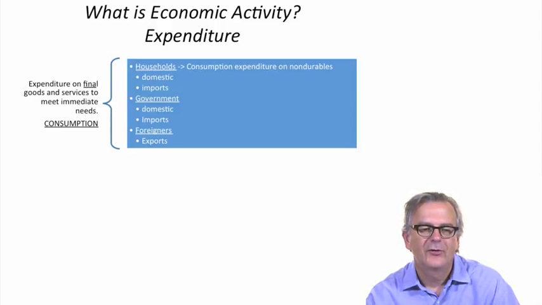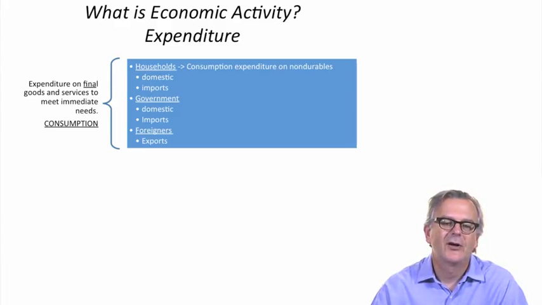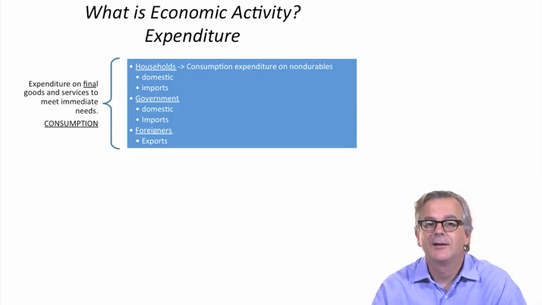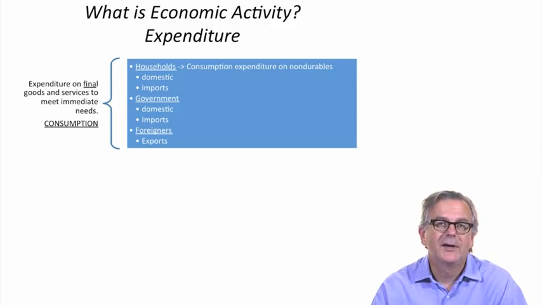The first represents expenditure on final goods and services where those goods and services have been purchased to meet immediate needs. For example, the food that you buy is expenditure to meet an immediate need. Broadly speaking, any expenditure that takes place to meet an immediate need is known as consumption.